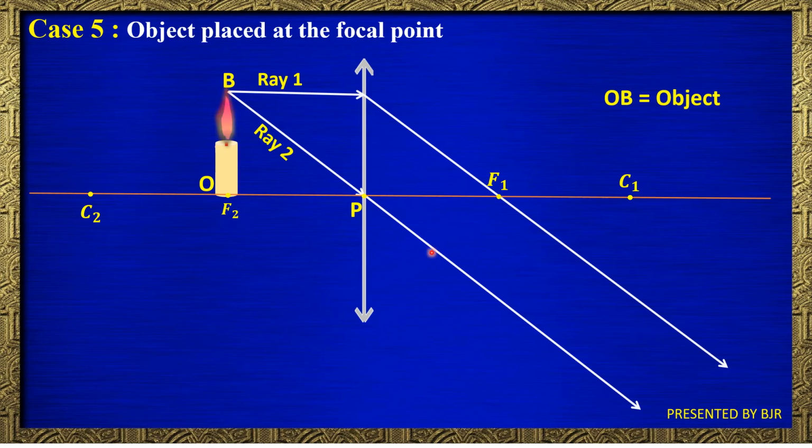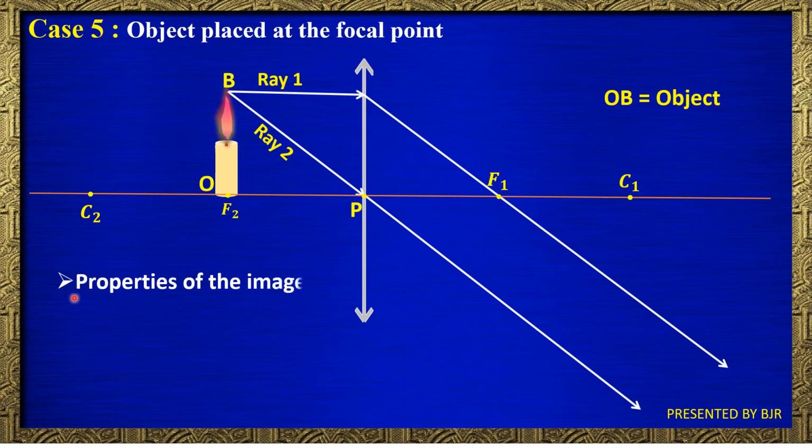We do not know whether the image forms to the right side of the lens, that is on the other side of the lens, or on the same side of the lens. One may extend the two rays backwards because these two rays cannot meet if you extend them forward. So one may extend backwards like this.